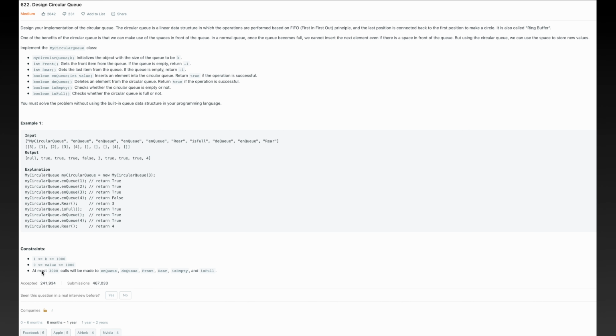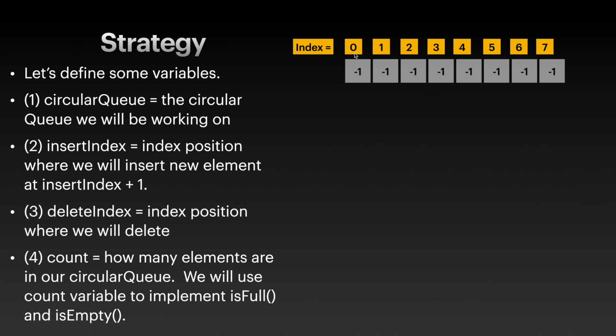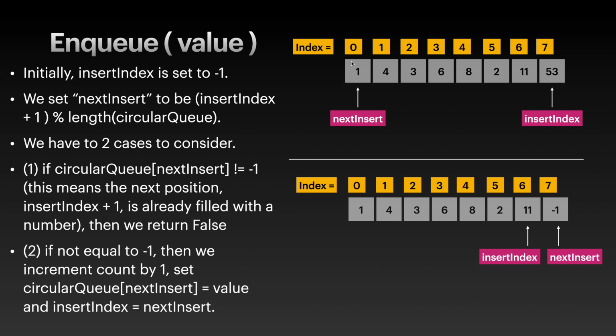Here we have 0 to 1000 inclusive, so we can initialize them to be -1. And if our circular queue at next insert is not equal to -1, that means we have already filled that position.